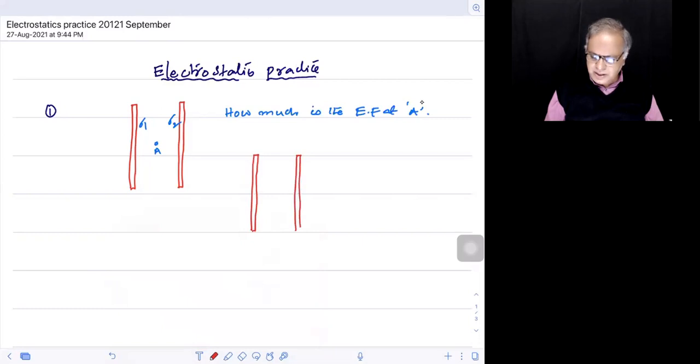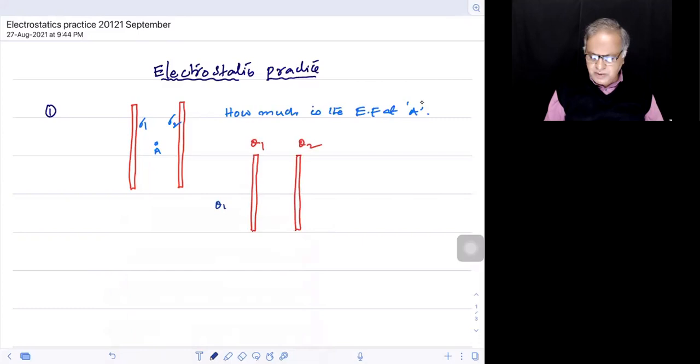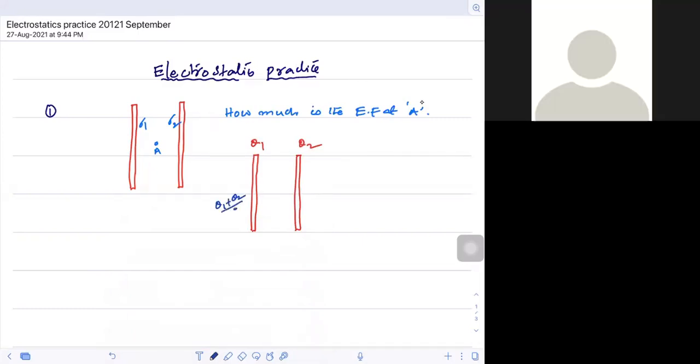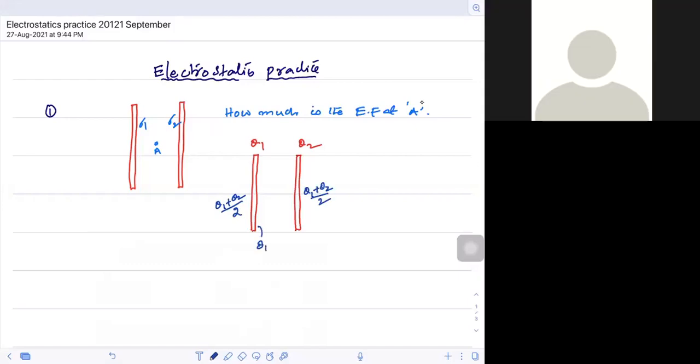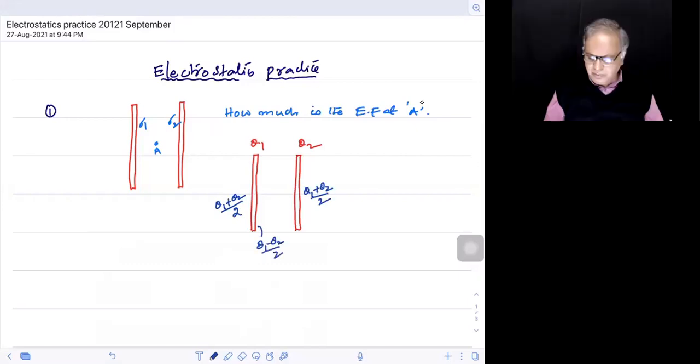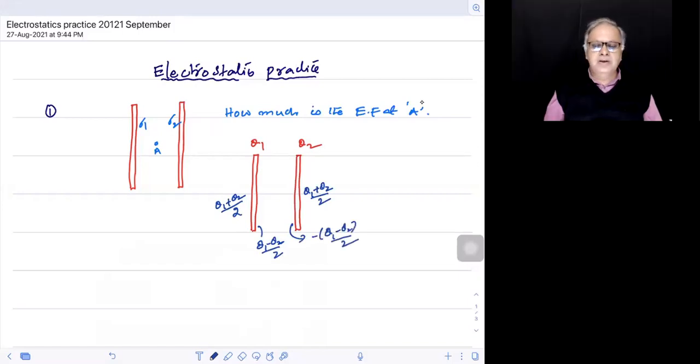So Shreya says, sir, let us think the total charge on this is Q1, this is Q2. Therefore, from the results we know, tell me Shreya, Q1 plus Q2 by 2 here, Q1 plus Q2 by 2 here, and then here Q1 minus Q2 by 2, and on this Q2 minus Q1 by 2, or minus of Q1 minus Q2 by 2. All right, Shreya. After that, what should I do?